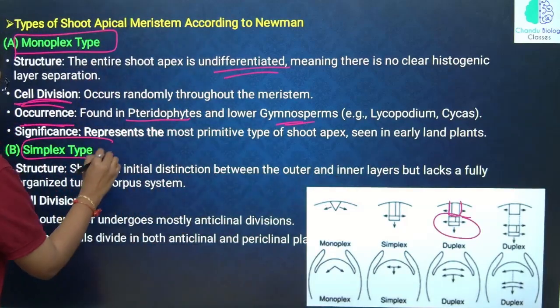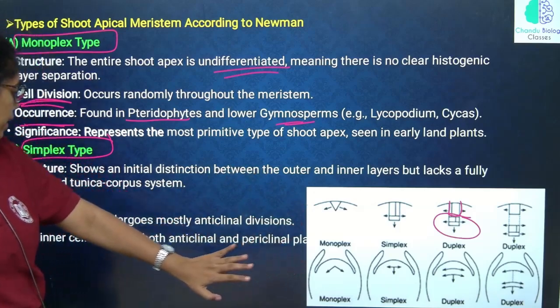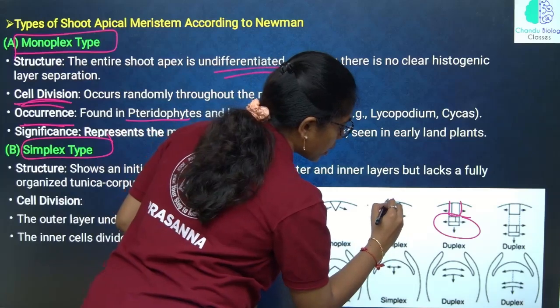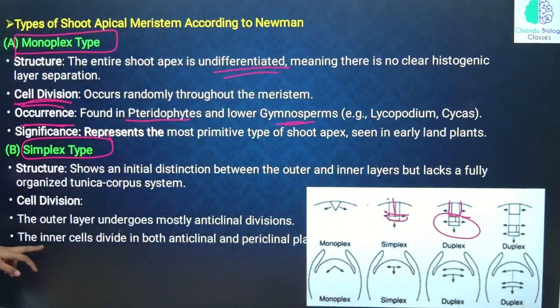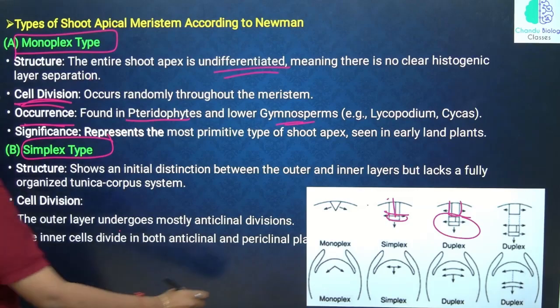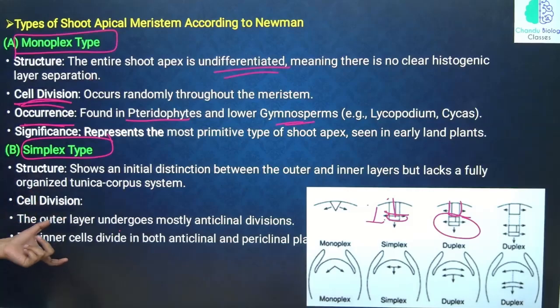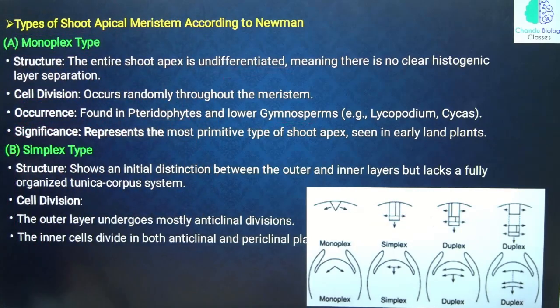Next is the simplex type, which shows initial distinction between outer and inner layers. The outer layer shows anticlinal divisions, and the inner layer shows both anticlinal and periclinal divisions to increase the thickness or volume of the plant body.